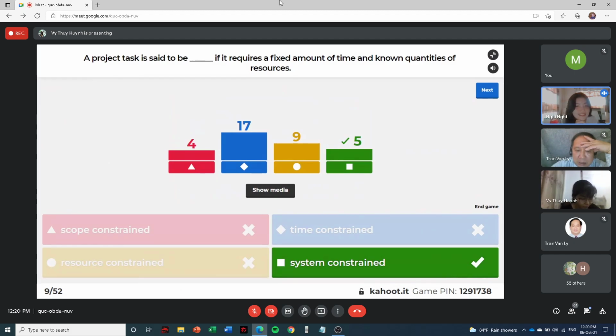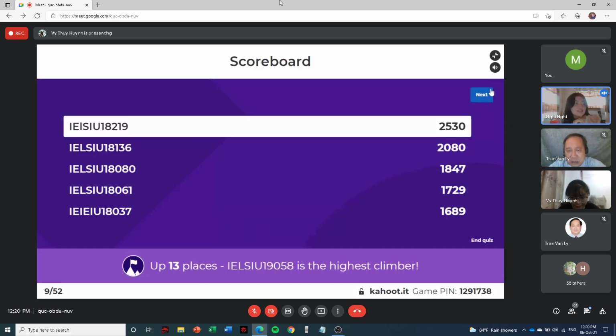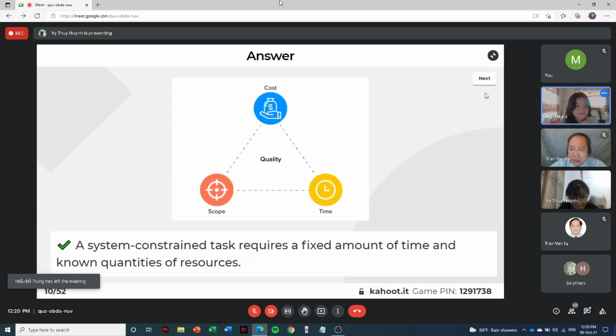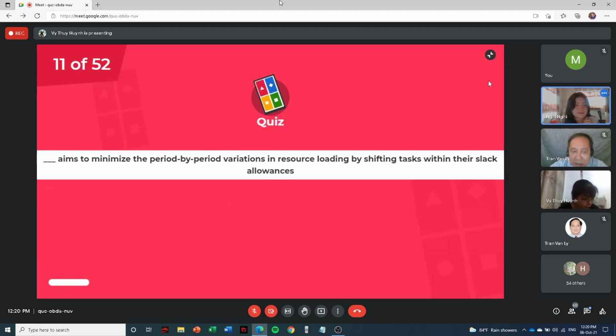Try harder next time, okay? It's already on slide 41 of the teacher version, if you want to revise. So a system constraint task requires a fixed amount of time and known quantity of resources. Please keep that in mind. Next question.